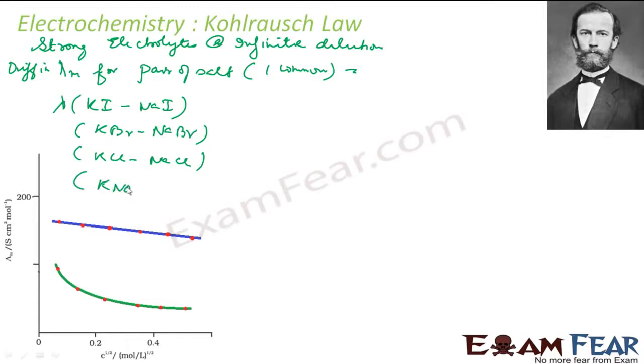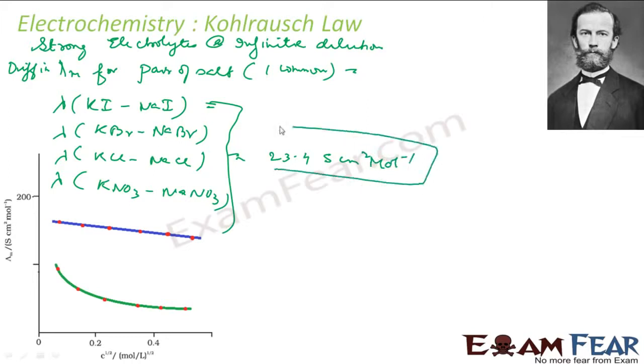He took KNO3, NaNO3 pair, he found a difference of lambda. So he found that for KI-NaI pair, for all these actually, the value came out to be approximately 23.4 Siemens centimeter square per mole.